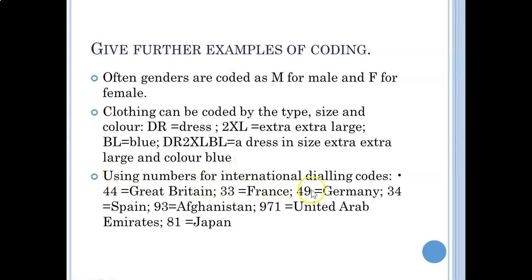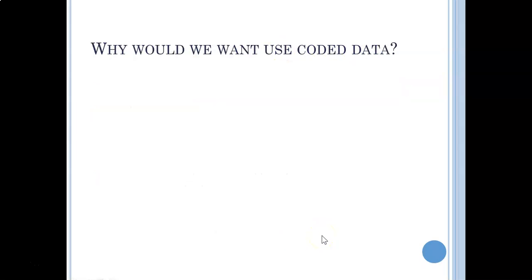Using numbers for international dialing codes: 44 for Great Britain, 33 for France, 49 for Germany, 34 for Spain, etc. And you probably know South Africa is 27. So these are examples of coding.